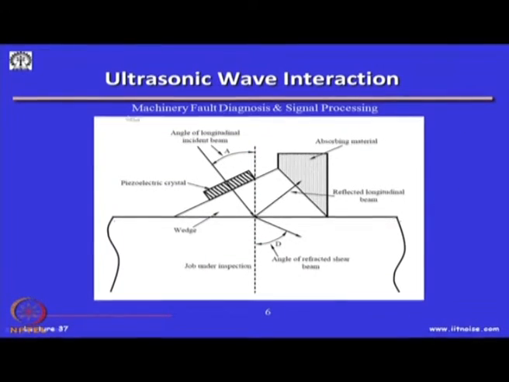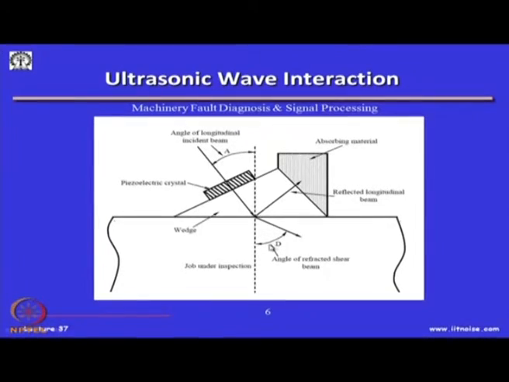So, if I was to explain how this ultrasonic wave interacts, essentially this is the piezoelectric crystal. This is the material which is being inspected. This is an ultrasonic crystal, and this is the incident beam at an angle.